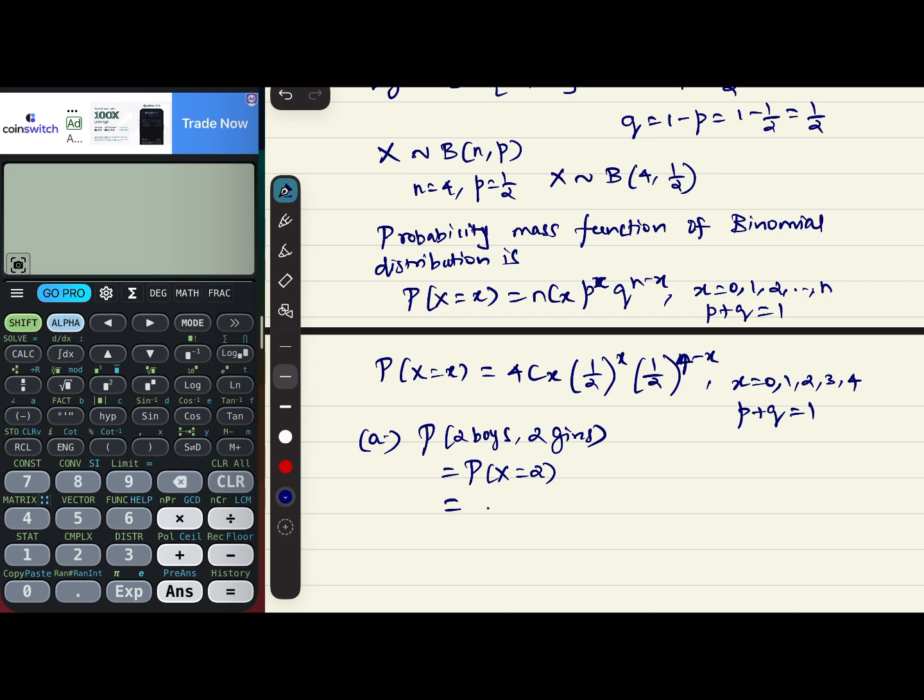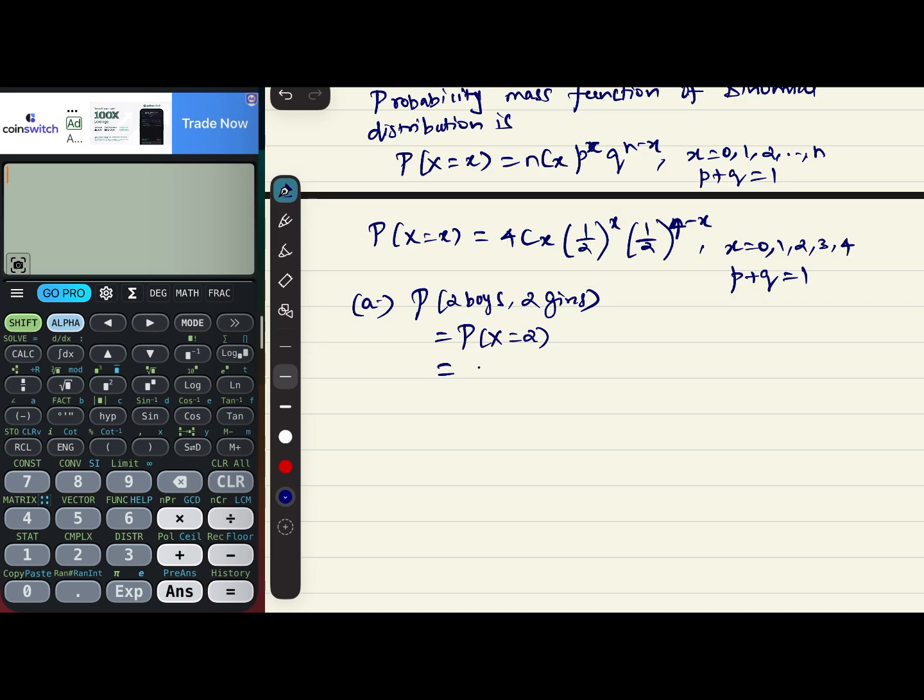Now you can just put it in the probability mass function, which is 4C2 half power 2 half power 4 minus 2, which will give you 4C2 half power 2 half power 2, and that's going to give you 4C2 half power 4, since half into half, 2 plus 2 is 4. So you can just find this answer.